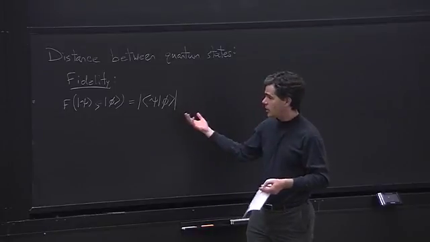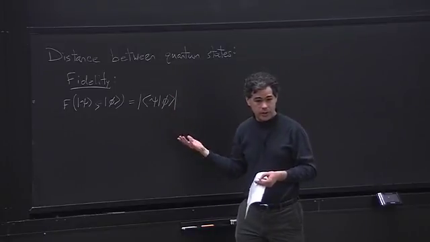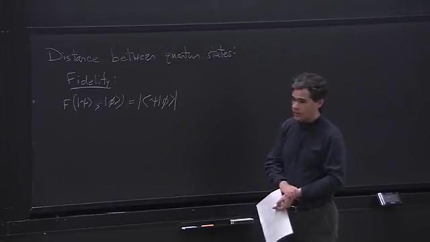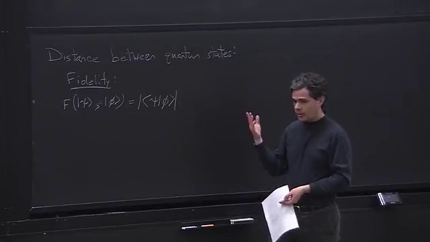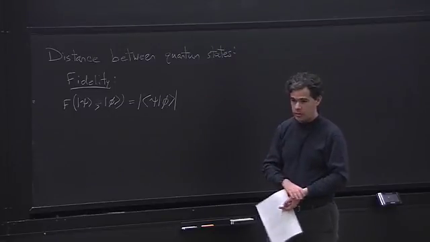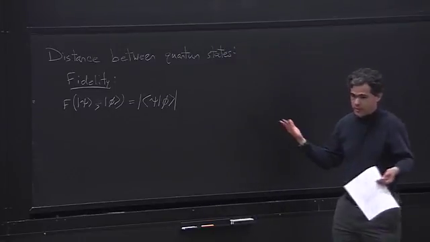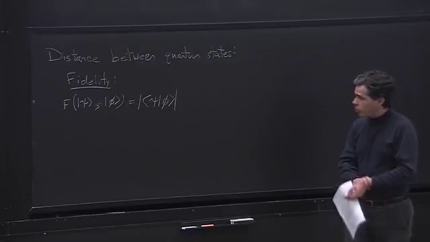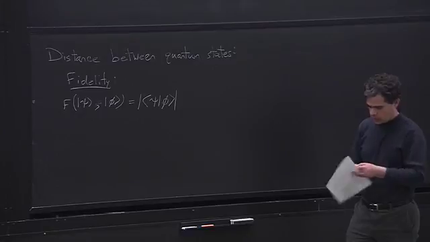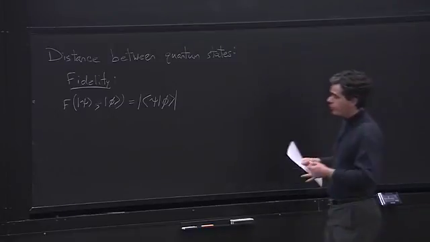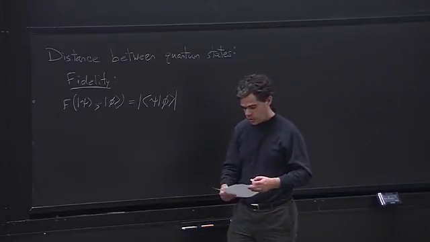So in order to make it a nice real number, we take the absolute value. Yeah? You can do that. That's an alternative definition that sometimes gets used. This, I think, is more common. Yeah, they're equivalent, obviously. So for pure states, this is a pretty good thing to do.